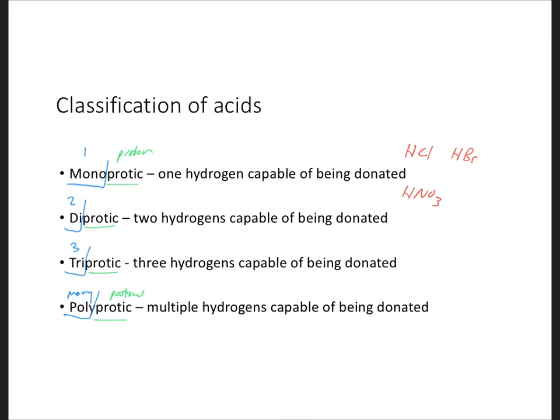Diprotic acids, we need examples that have two hydrogens, so something like H2SO4 would be an example of that. A triprotic acid would be something like phosphoric acid, H3PO4, and then polyprotic, again, we just refer to either of these two classes.